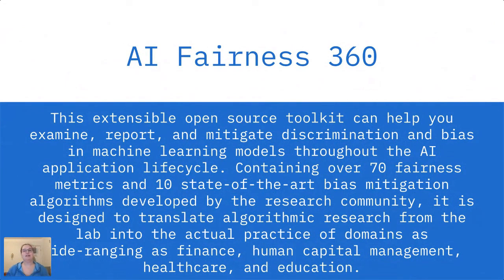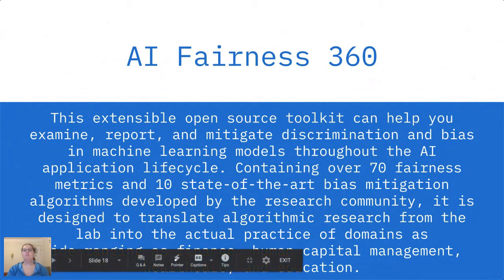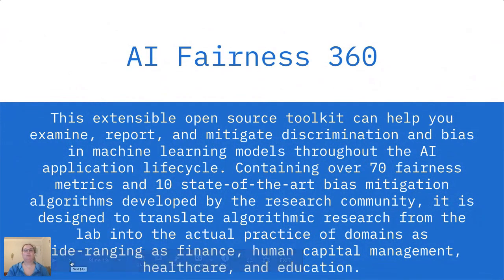And it's designed to translate the algorithmic research from the lab into the actual practice of domains ranging from finance, human capital, healthcare, and education. We're going to be looking at finance today.